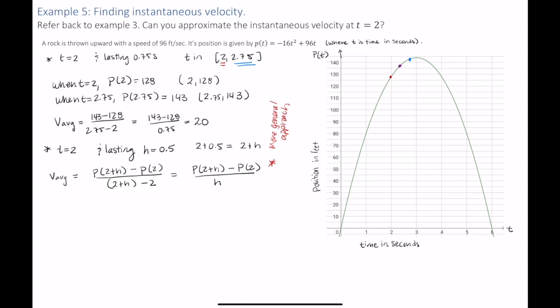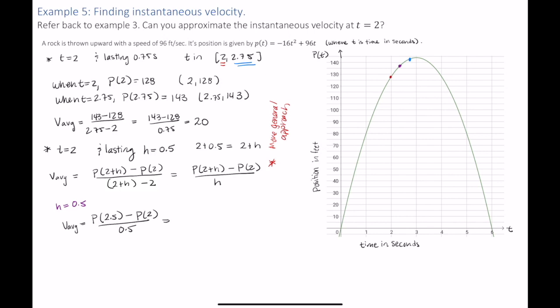Okay, so now let's work this out. So we know that h, I should use purple because this point is written in purple here, h is equal to 1/2 or 0.5. So the average velocity is equal to p evaluated at 2.5 minus p evaluated at 2, divided by 0.5.